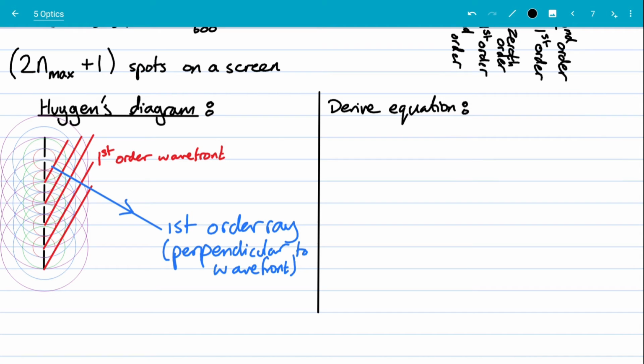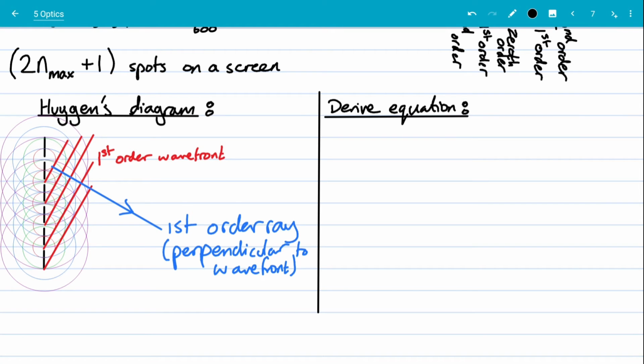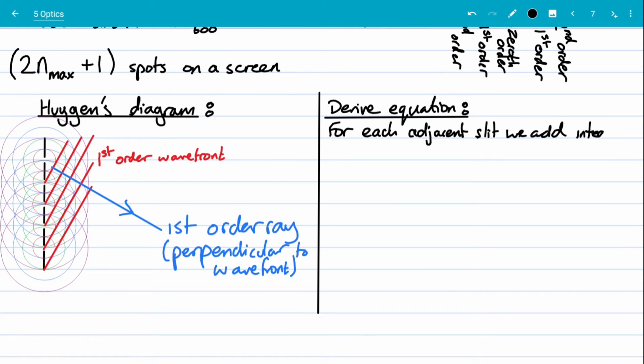And let's just do this and say that for each adjacent slit, we add an integer number of wavelengths path difference.